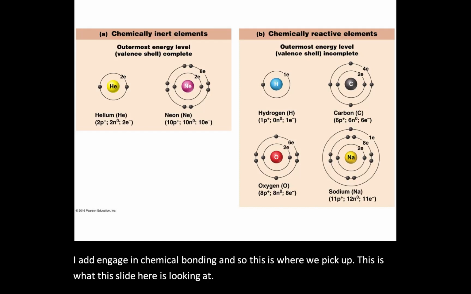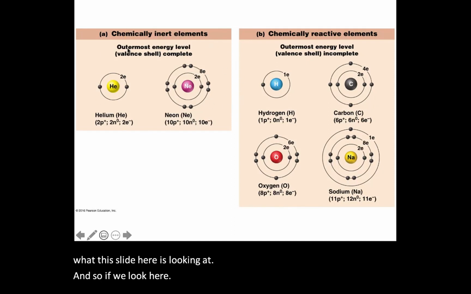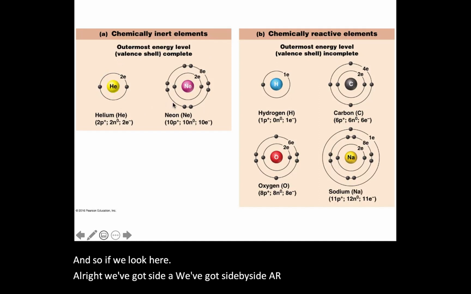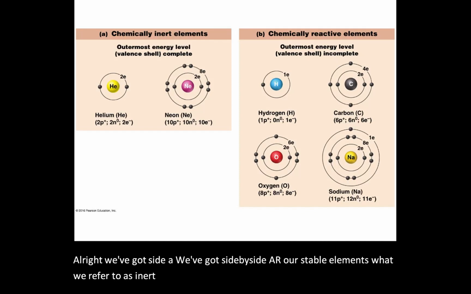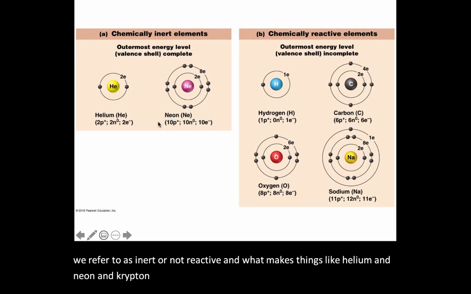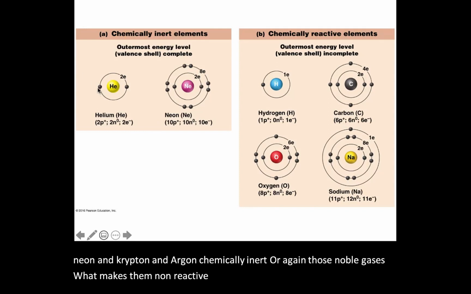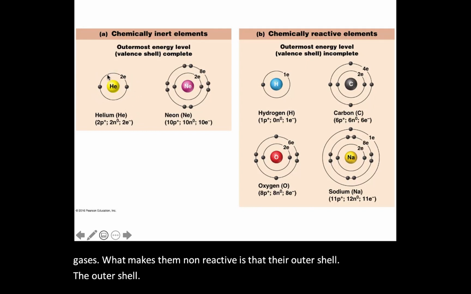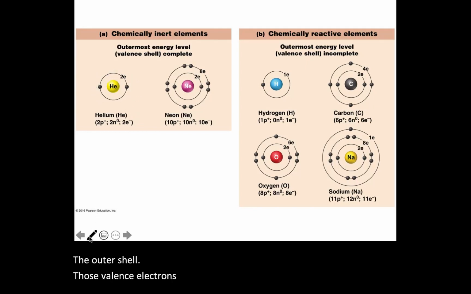And so if we look here, right, we've got side A, we've got side B. Side A are our stable elements, right? What we refer to as inert or not reactive. And what makes things like helium and neon and krypton and argon chemically inert, or again, those noble gases, what makes them non-reactive is that their outer shell, those valence electrons, are completely full.